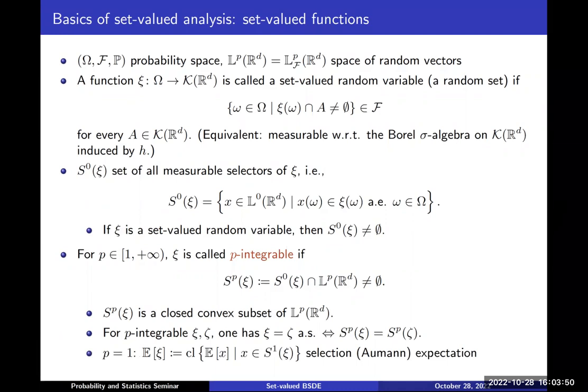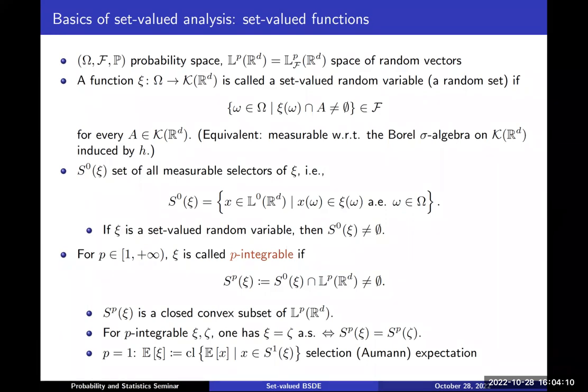If you have integrable selections, so you have some integrable selector of C, you can look at the vector-valued expectation of it, and collect the set of all expectations. That is how Aumann defined expectations for multifunctions.